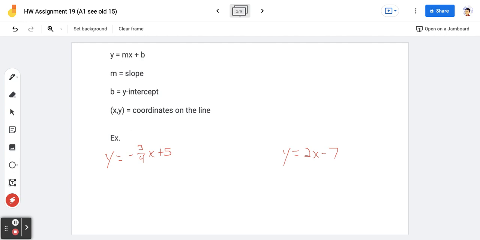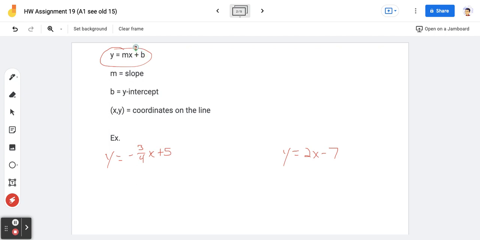So this is the equation in slope-intercept form. I'm going to make sure I circle this for us. It's going to be a very important equation for us this year. This is the equation of a line, a straight line. It reads as y is equal to mx plus b, which means y is equal to m times x plus b.